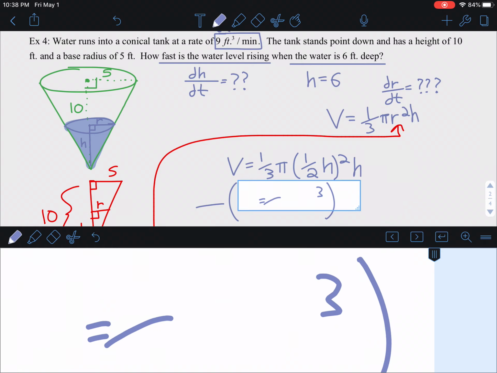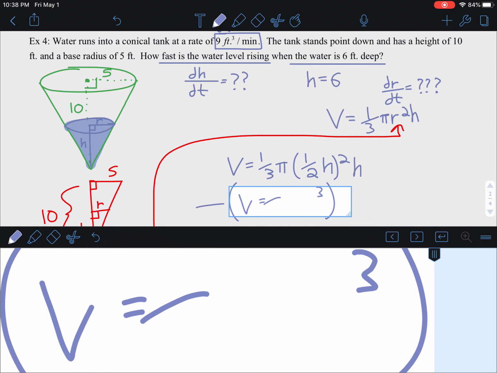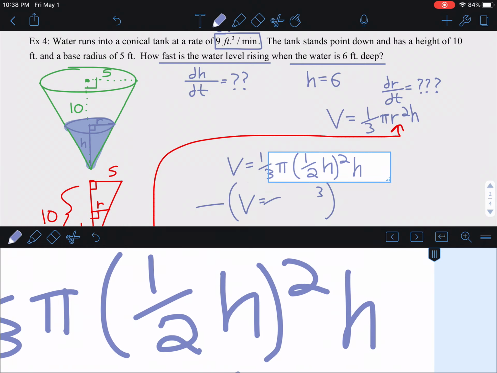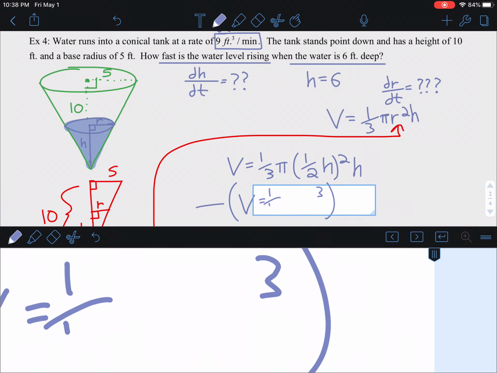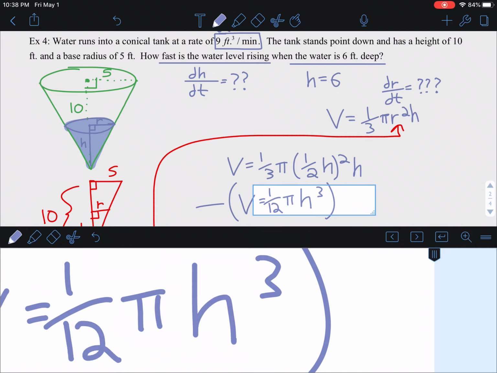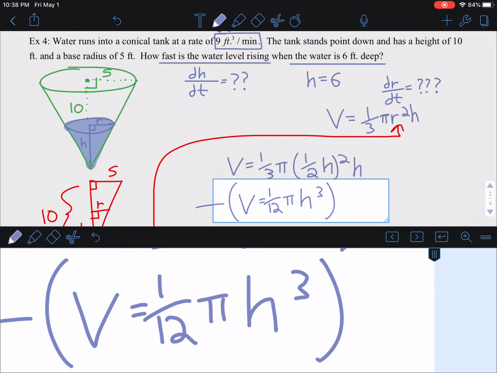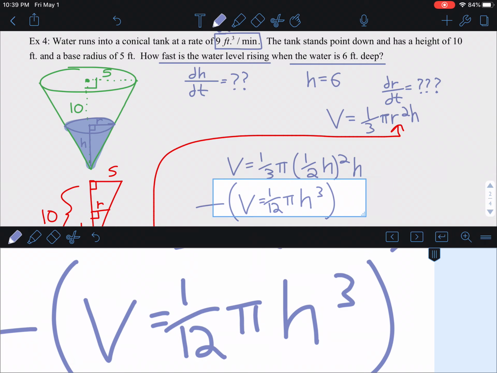And I don't want you to do that. So let's simplify this. What does volume equal? A half squared is a fourth times a third gives me a 12th pi, and I had h squared and another h outside, so that leaves me with h cubed. Please, please, please simplify before you take a derivative.